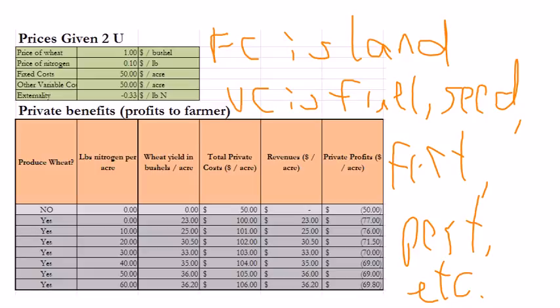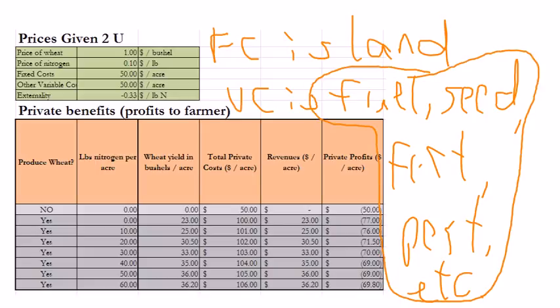If you want more wheat, you need more inputs. Now, if we produce here, this means that all the money coming in from wheat doesn't even pay for these things like fuel, seed, fertilizer, and pesticides. We spend more on those inputs than we get in revenues. And those losses mount on top of that $50 fixed cost we have for land.